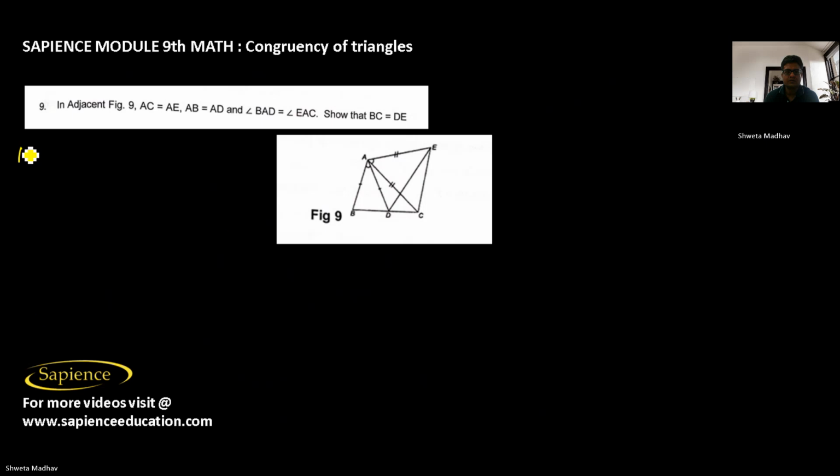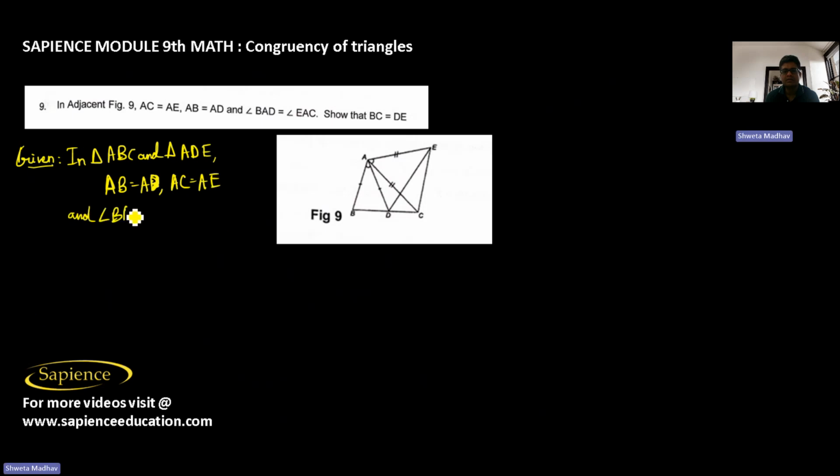So here, first we have to write what is given. The given is that in triangle ABC and triangle ADE, AB equals AD, AC equals AE, and angle BAD is equal to angle EAC.